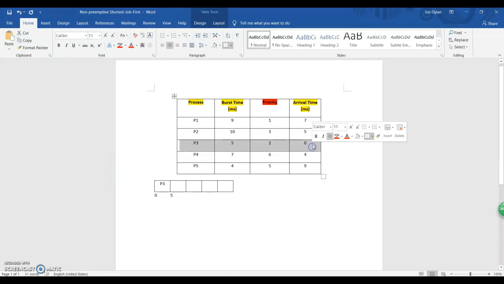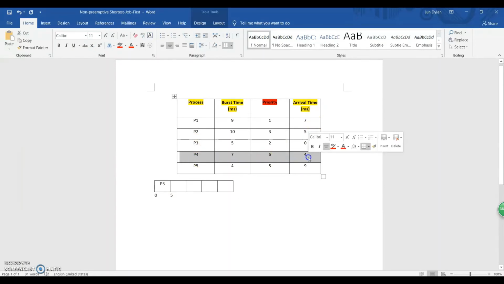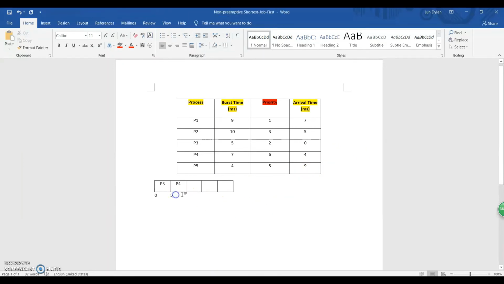So it is not enough space for P5 to come in. So we find the second smallest one to place in, which is P4. And then we add its burst time with the first process, which is 5 plus 7.